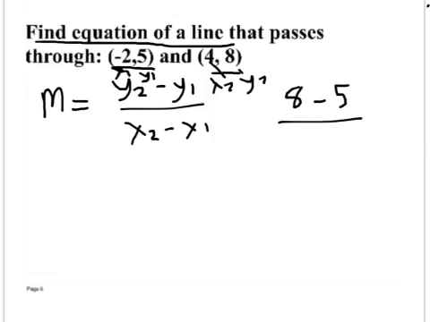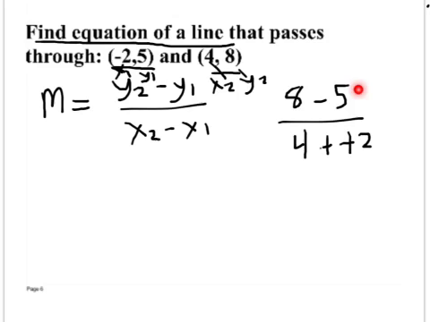Since I used 8 first, I have to use 4 first. 4 minus negative 2. Since I used y2, I made this my second point. Since I used 8, I have to use 4. See how they line up? That's where a lot of people make mistakes.